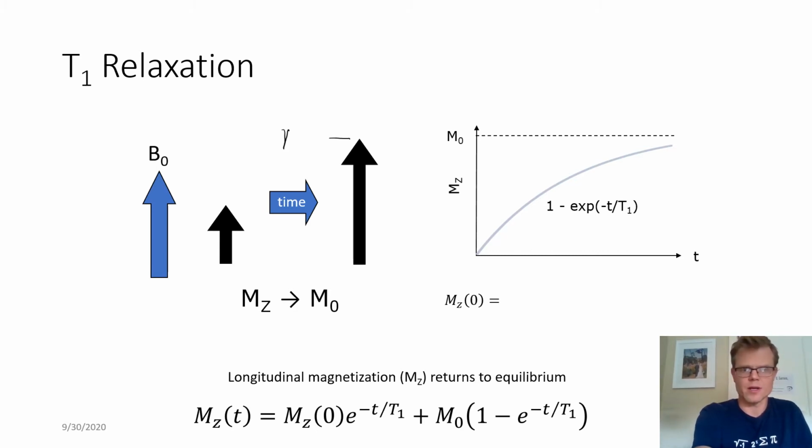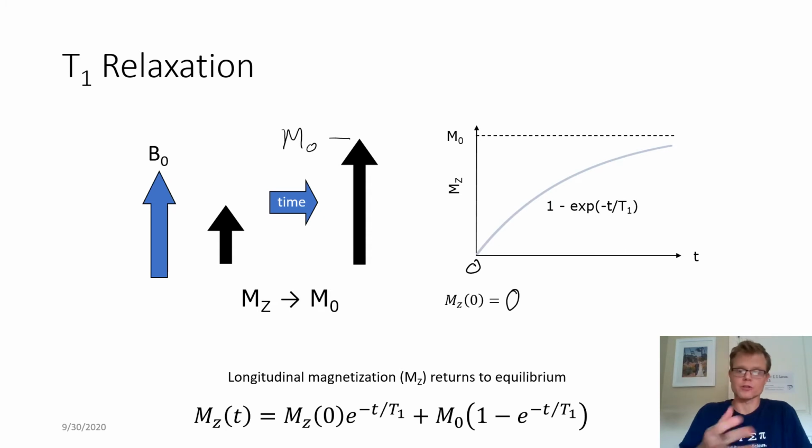So this would be M0 up here. And in this case, an example at the right is a plot of this exponential T1 recovery. We see that in the asymptote it is going to reach the M0 value. And this is the solution for a particular case where our MZ at time 0 is equal to 0.